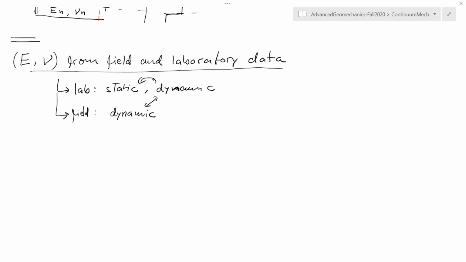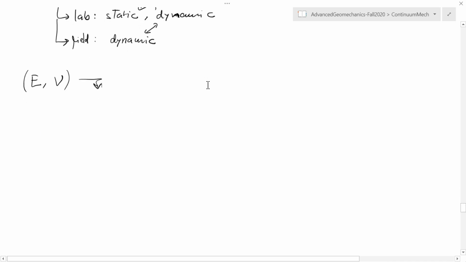But let's start with the dynamic. The dynamic properties, and these are the wave propagation properties, are going to be a function of the Young modulus and the Poisson ratio. So given, for example, the Young modulus and the Poisson ratio, these are going to define what are called the P wave velocity and the S wave velocity.